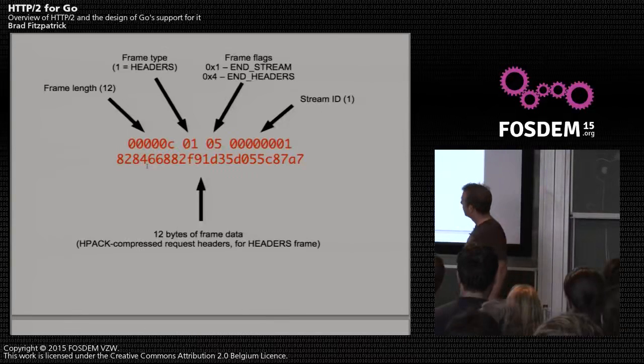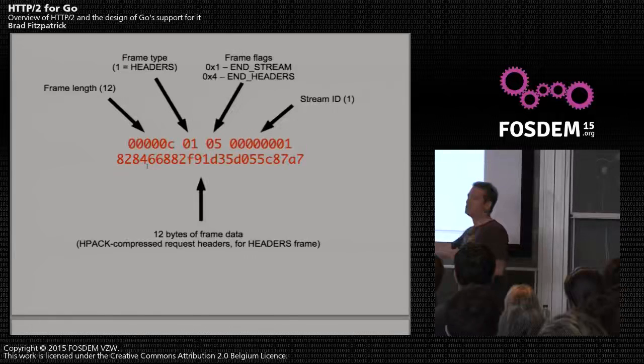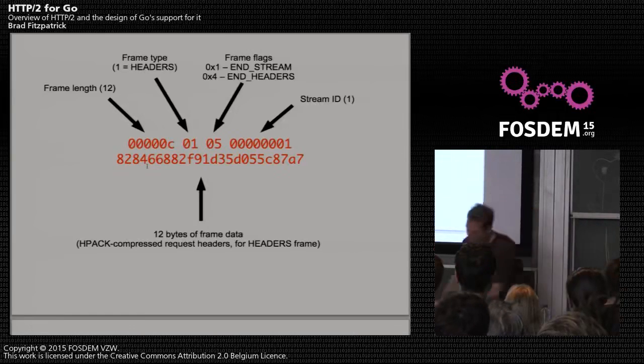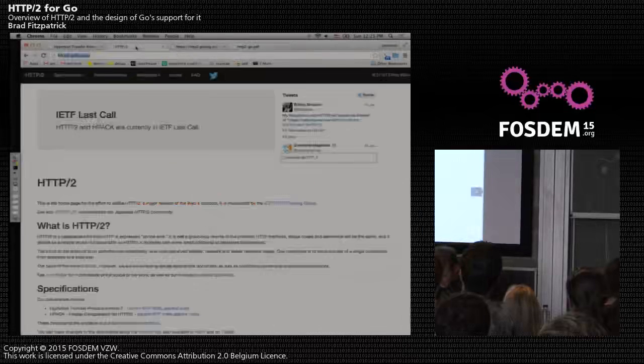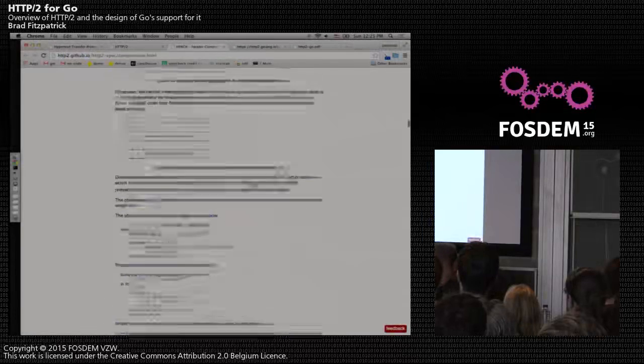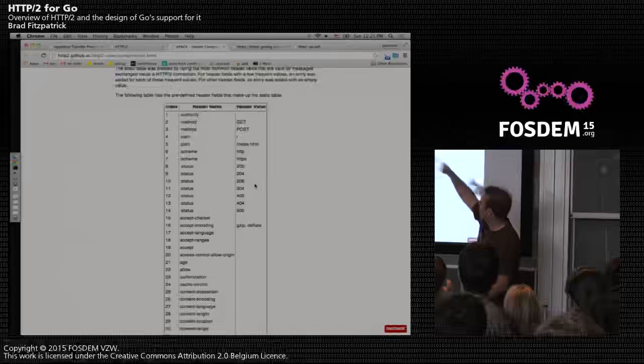And there's the 12 bytes of the whole HTTP request, which is compressed with HPACK, which is a whole new compression format that is an adjunct spec to HTTP2 that is just crazy town with lots of different things. There are static tables of all the common things. So there's all these tables of common HTTP things that you will see.